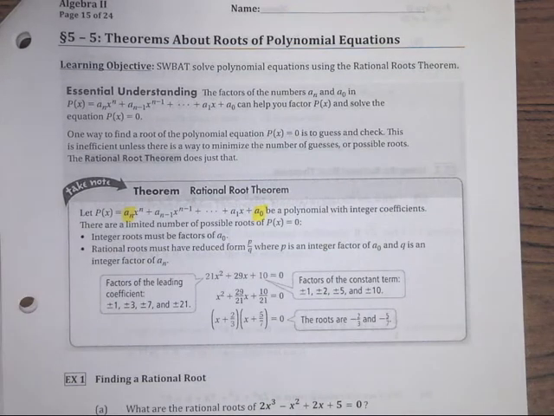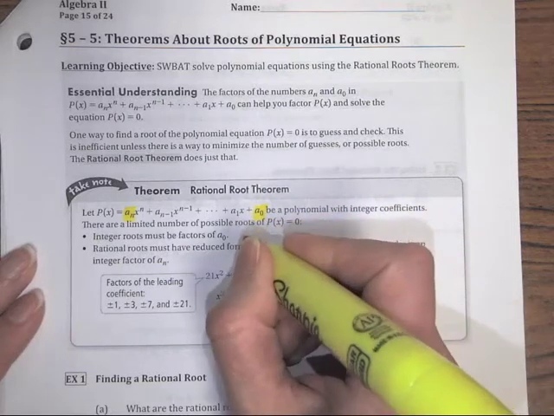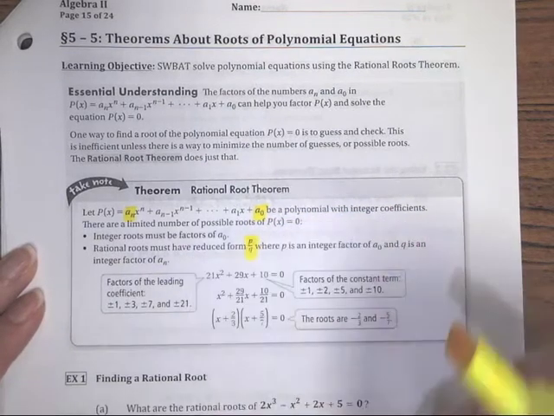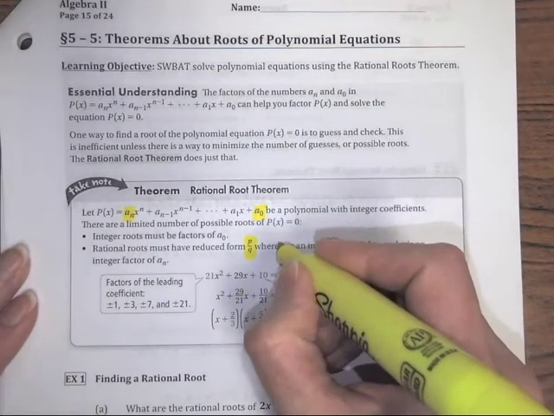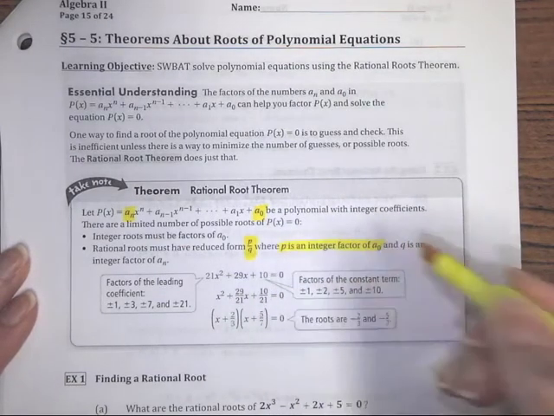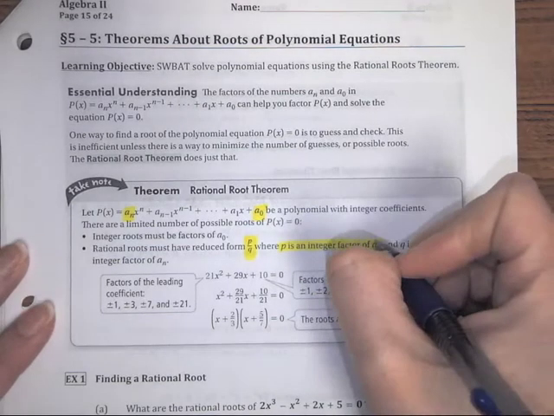Now, your possible roots in this polynomial function have a reduced form of P over Q, where P is a factor of that constant. That's this guy right here.